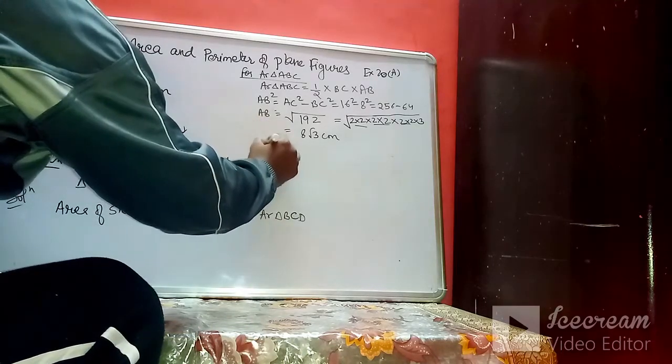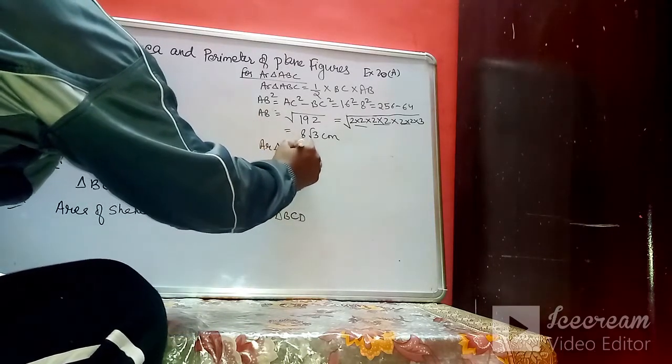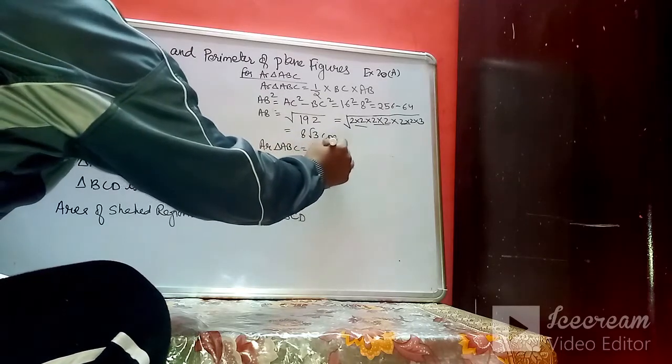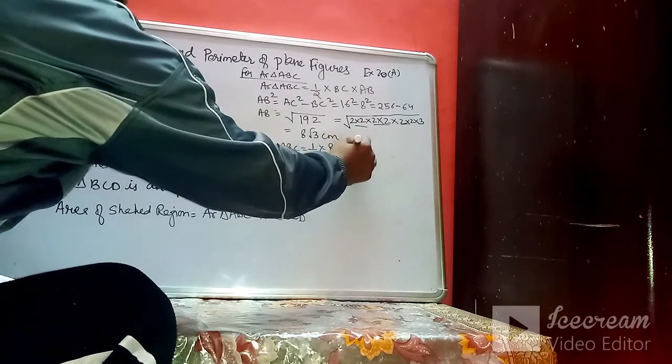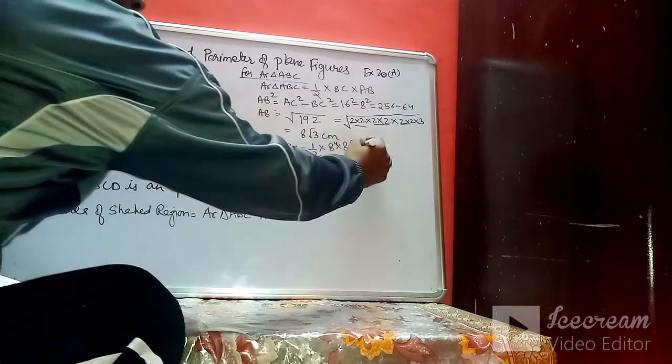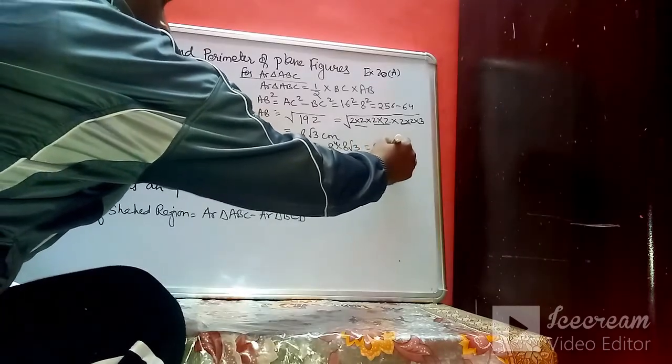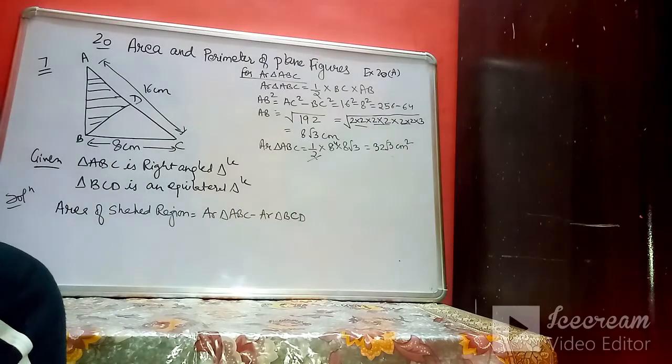So what is area of triangle ABC? Half into 8 into 8 root 3. That is 32 root 3 centimeter square. So we got this first value.